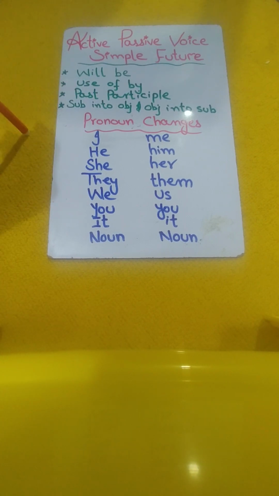There are some points that you have to keep in mind. The very first rule is that we will use "will be" in the passive voice of simple future tense. And you know, simple future tense is also known as future indefinite tense. In passive voice, we use "will be" as the helping verb.